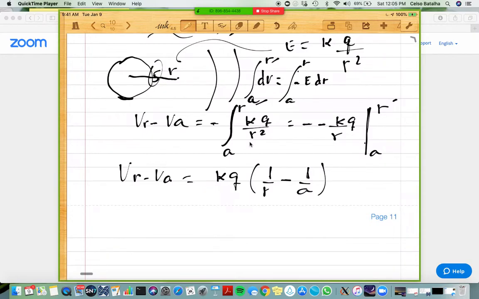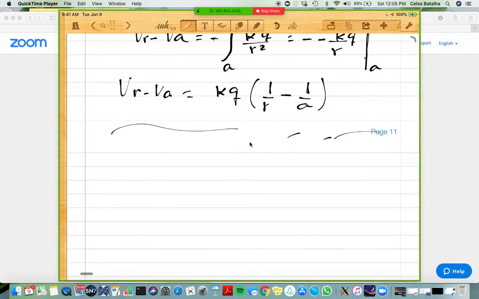So A is a number less than R, so this is going to be a negative value. So VR should be less than VA, basically. So the voltage is diminishing, going outside from this positive point, right? VR is less than VA, and then let's keep on moving.